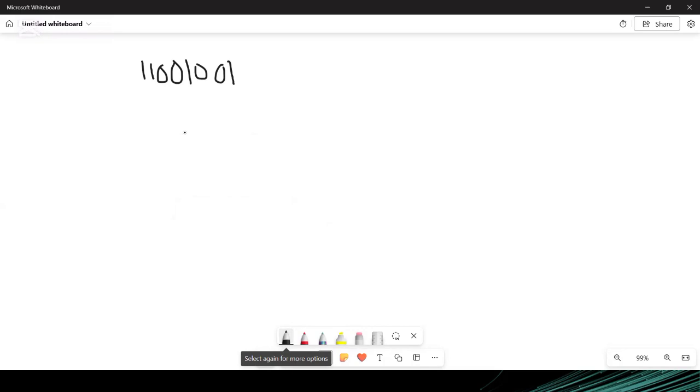I'll have to make this number positive. Remember, if the most significant bit is 0, that is a positive number. I don't know the decimal value until I convert, but we are very sure that this is a positive number.